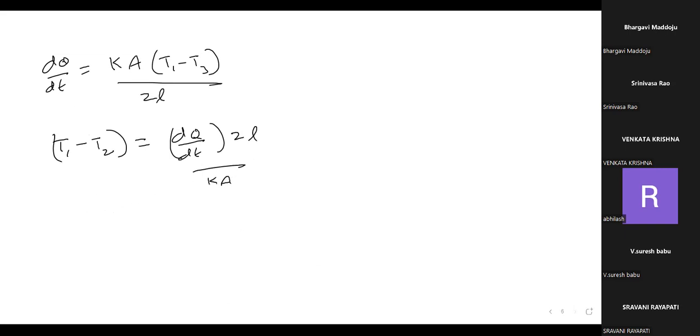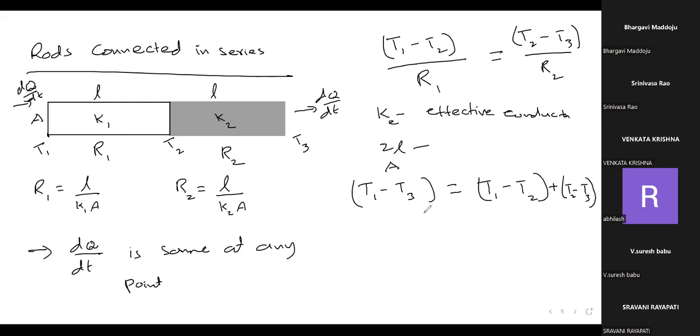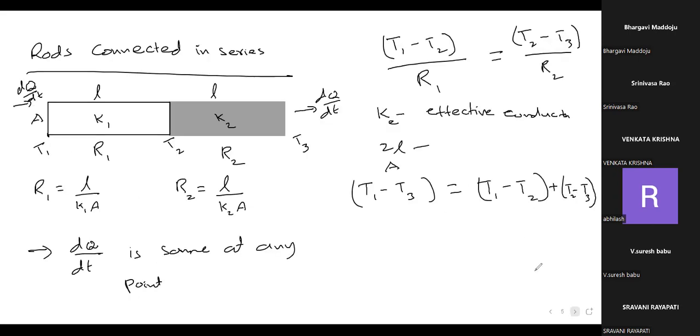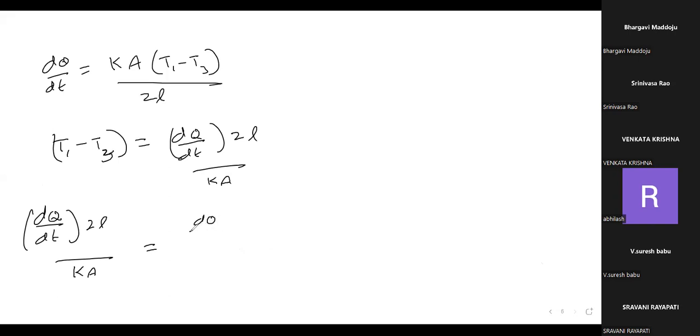Same thing I will substitute in this equation. T1 minus T3 can be written as dq by dt into 2L divided by K. Next, T1 minus T2 can be written as the rate of heat flow dq by dt for the first rod, with length L, K1 the thermal conductivity, and A the area of cross section.